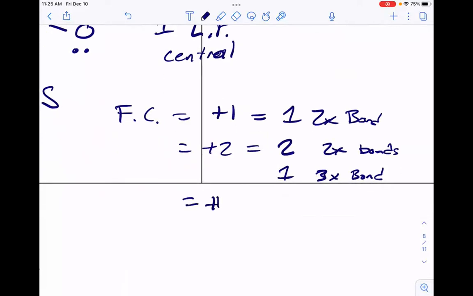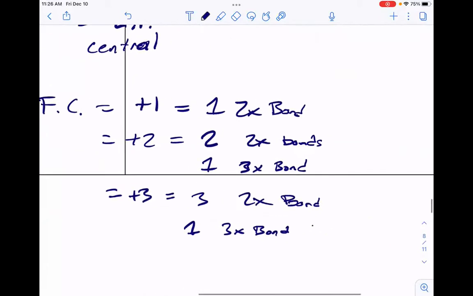If your formal charge is +3, you can have 3 double bonds, or 1 triple bond and 1 double bond.